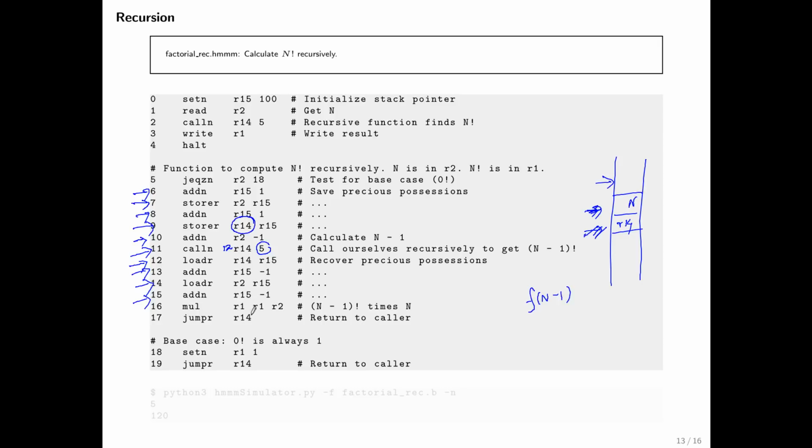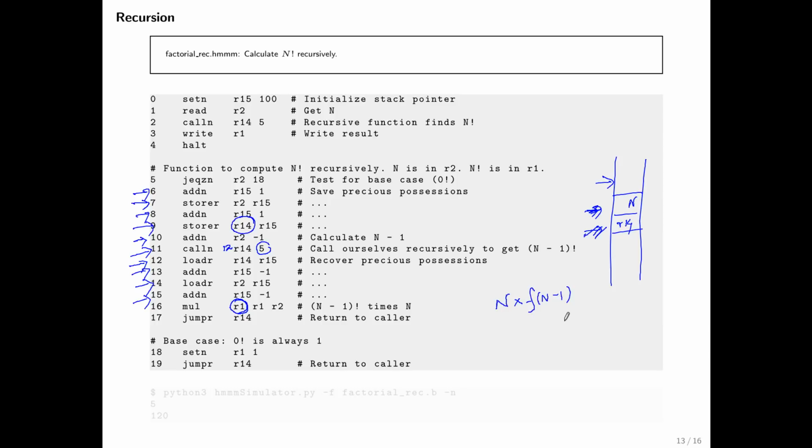Take the value in R1, which was basically f of n minus 1, and the value in R2, which was just fetched as n, and we carry out this multiplication, n times f of n minus 1, and that is stored back into R1. So R1 simply calculates n times factorial n minus 1.